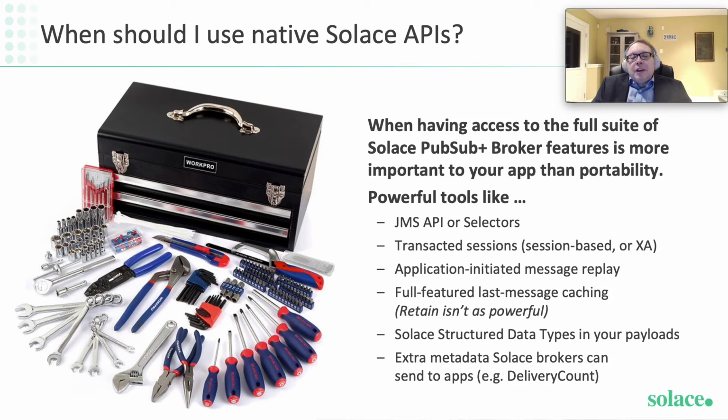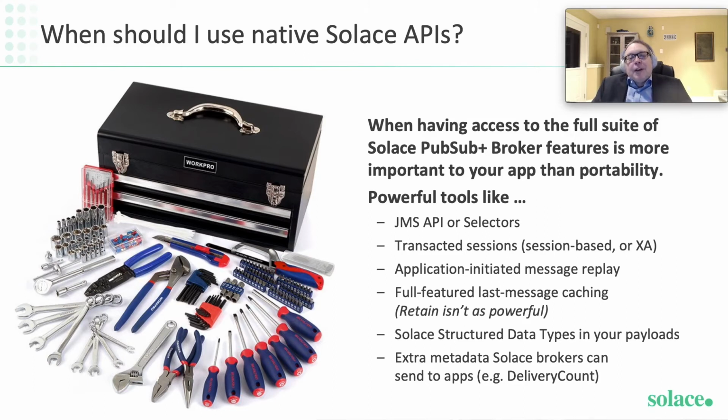So it really is a question of what am I trying to do with this application? What capabilities am I going to need? And then picking and choosing the API that works best for the use case. And as I mentioned, the good news is you don't have to use the same API everywhere. It's nice if you can, it makes things easier.